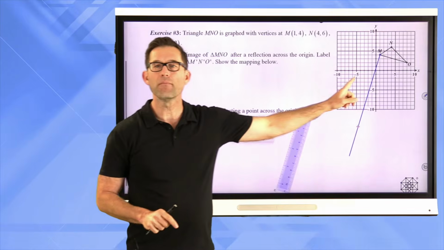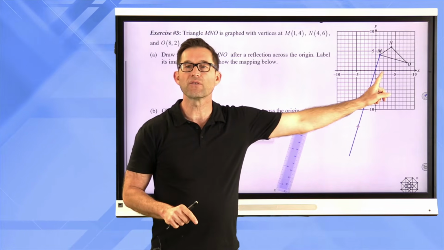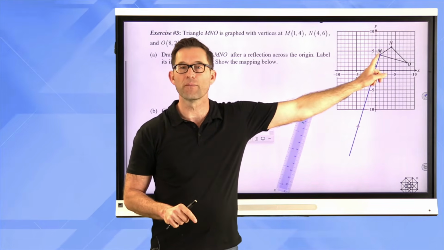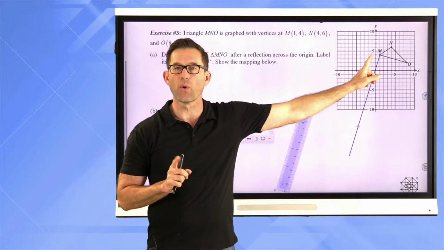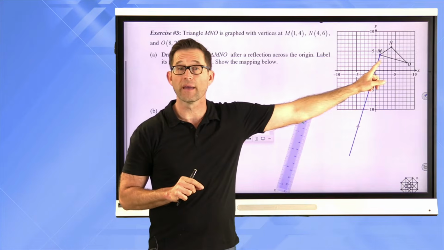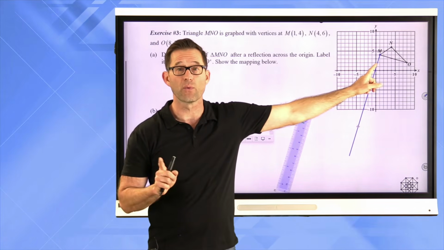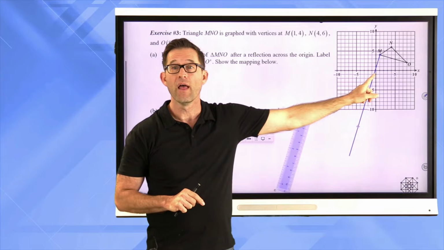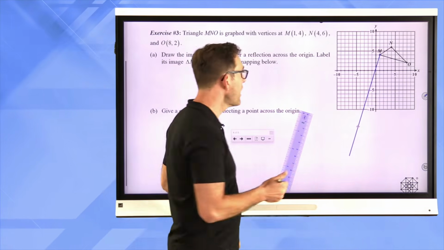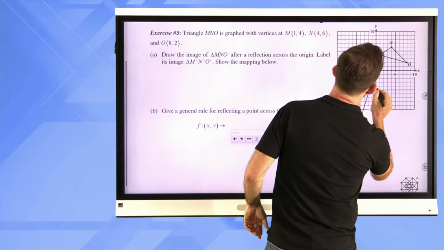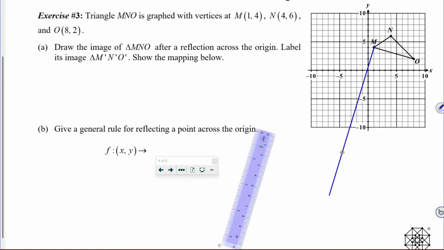Now right now M prime lies 1 unit to the right and 4 units up from the origin. If I want its image to lie exactly the same distance from the origin that the original point did, the pre-image point, then I should go 1 to the left and 4 down, right? And I'll end up having an image right here.